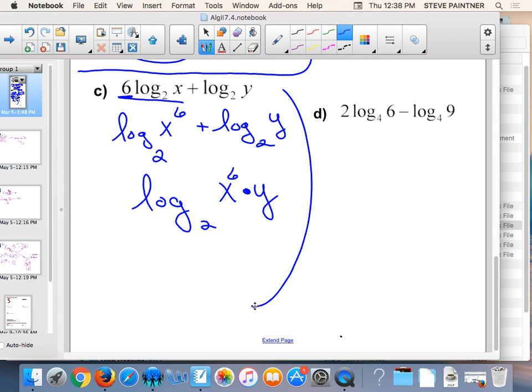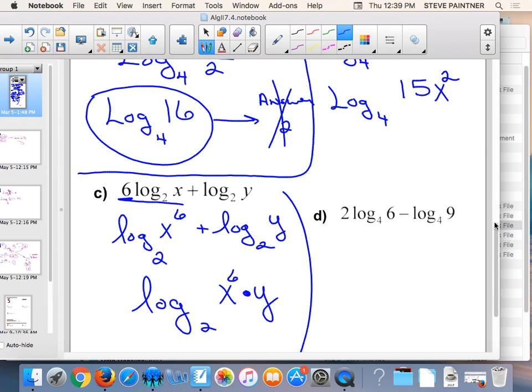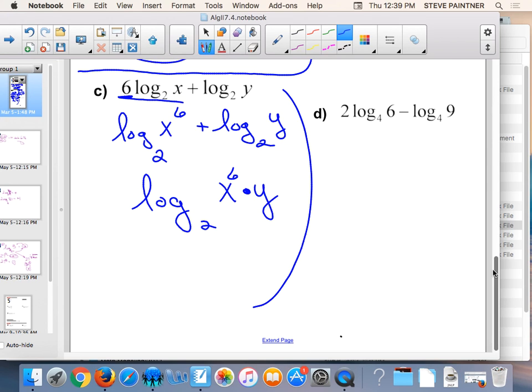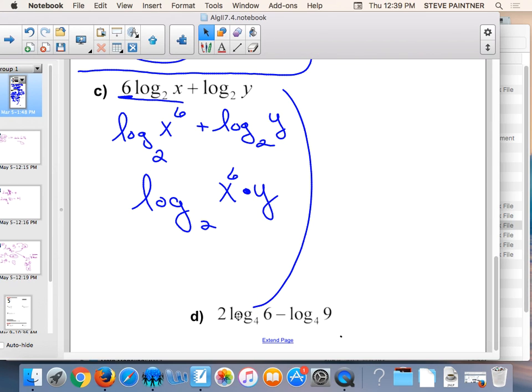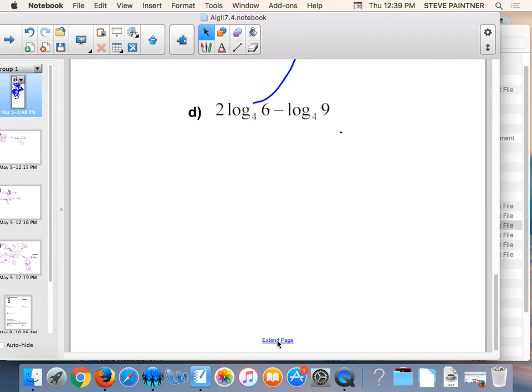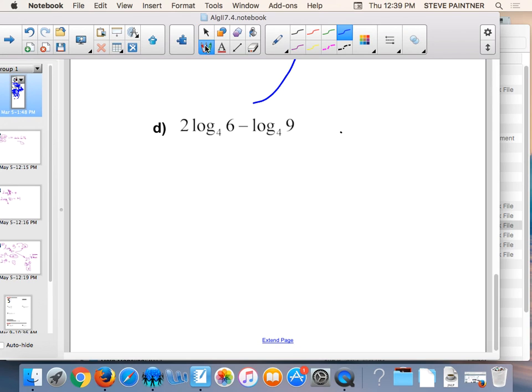Try the next one. 2 times log of 6 minus log of 9, base 4. First thing you did? 2 to the power. Okay, used it above the 6, I hope. So log of 6 squared minus log of 9 base 4.